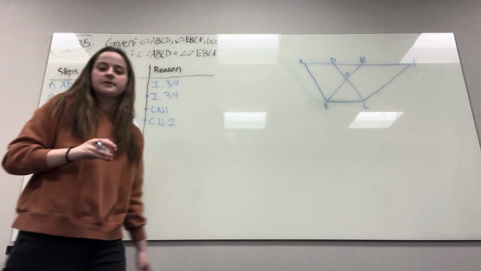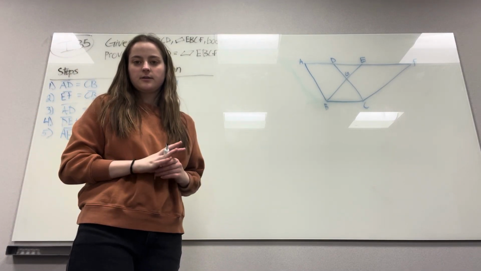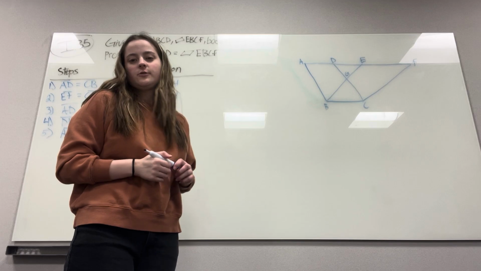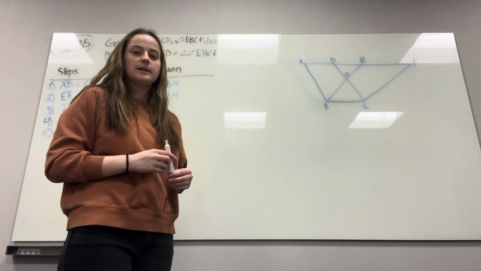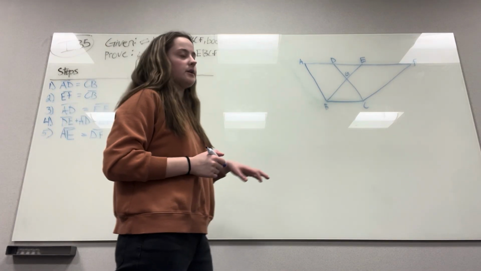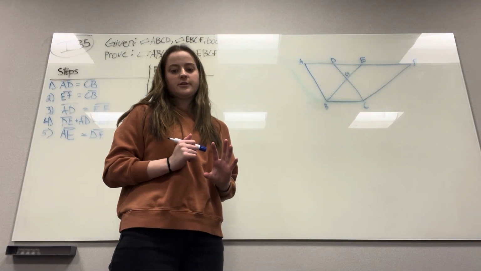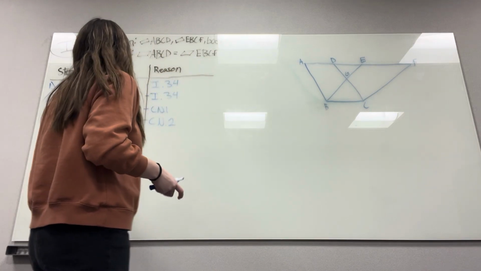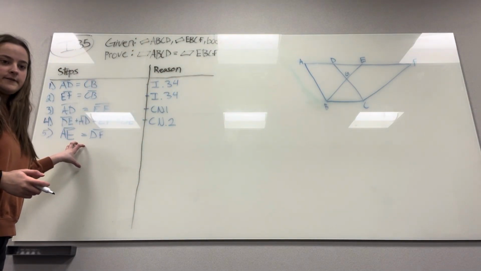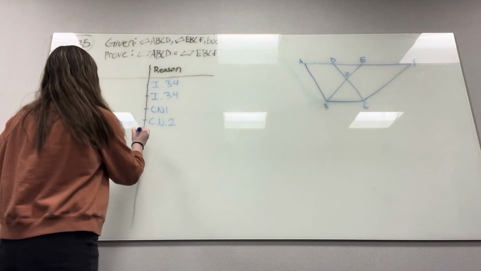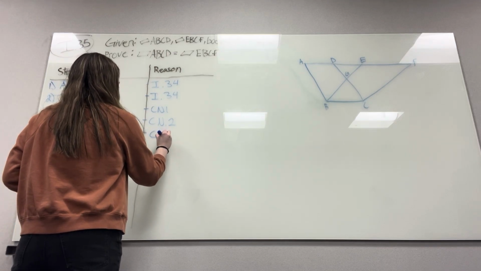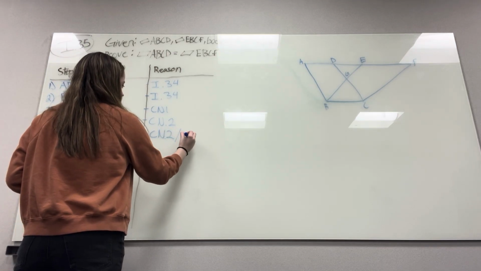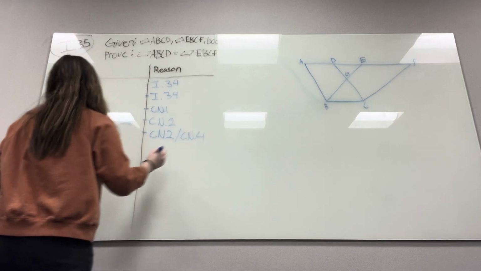And this is because of common notion 2 and common notion 4. And common notion 4 says those things which coincide with each other will also be equal. And I already explained common notion 2 is that we're adding things together. And so for 5, it was both of them. Common notion 2 and common notion 4.